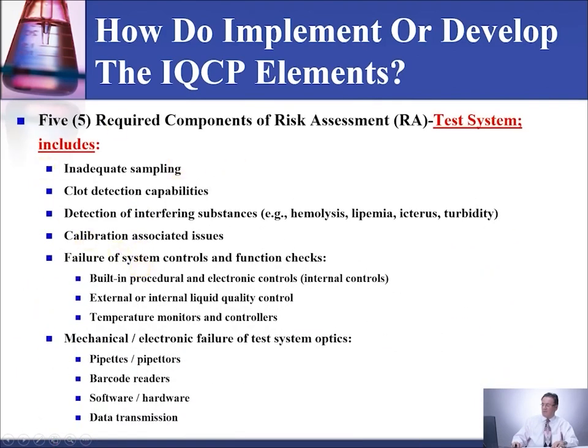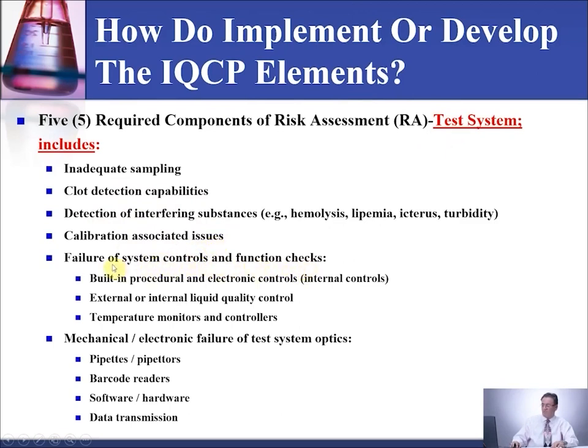The next item on the list is test systems, which includes inadequate sampling, clot detection capabilities, detection of interfering substances like hemolysis, calibration associated issues, and failure of system control and function checks.